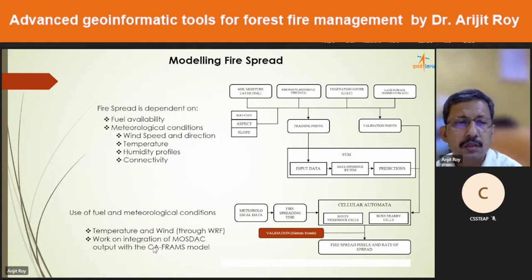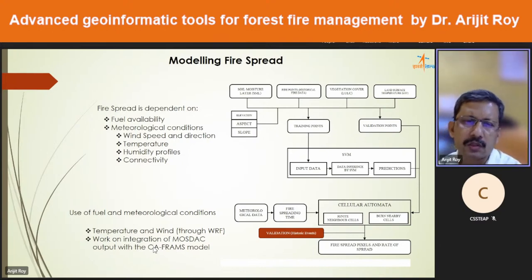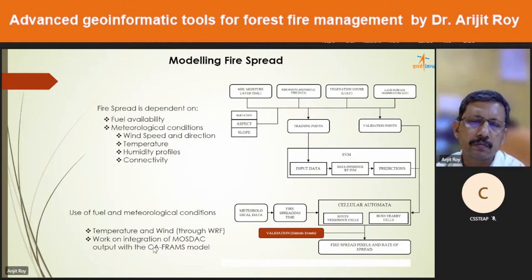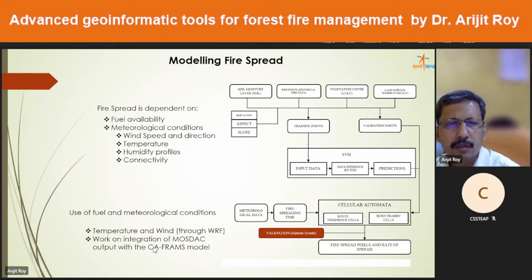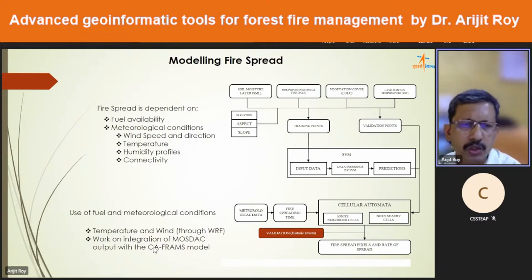And the meteorological conditions were basically taken from the WRF model, that is, the data on temperature and wind. And we also have the inputs from MOSDAC and IMD, Indian Meteorological Department.